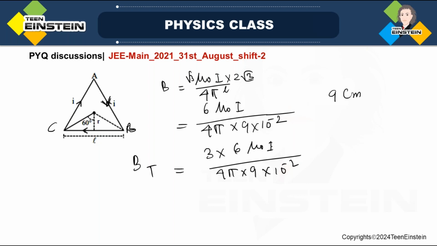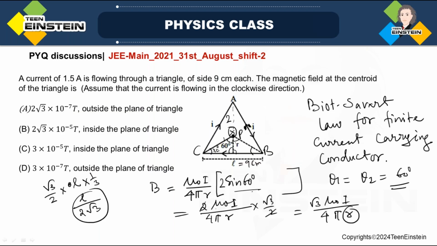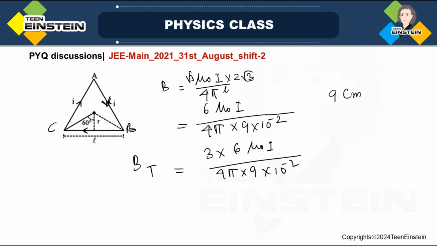Now look here, I is given. I is 1.5 ampere. So 3 into 6 into mu0 by 4 pi, which is 10 to the power -7, into I, which is 1.5, divided by 9 into 10 to the power -2.